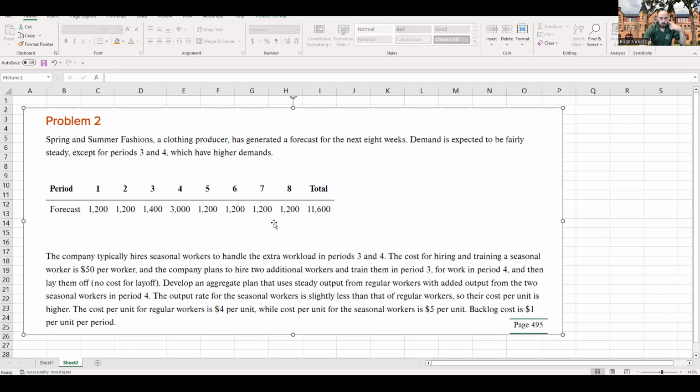But let's look at how this would break down. So we've got $50 per worker to hire them, nothing to let them go afterwards, but it's a processing fee of some kind, sure. And then we've got $4 a unit for the regular production, $5 a unit for producing it from the seasonal workers, and backlog costs $1.